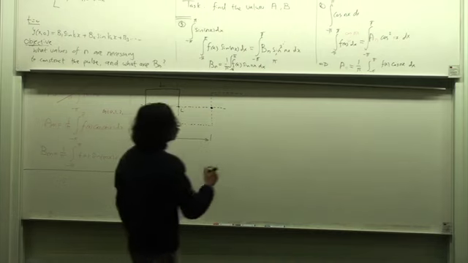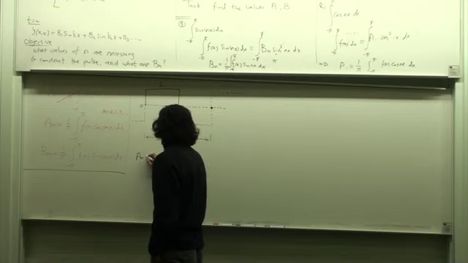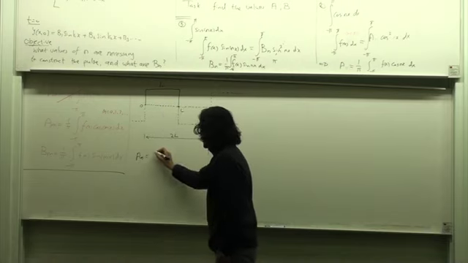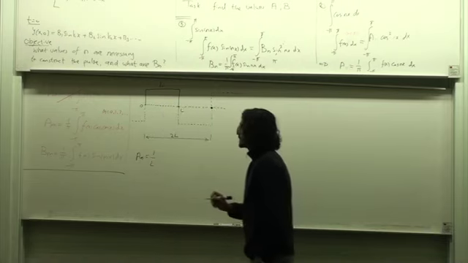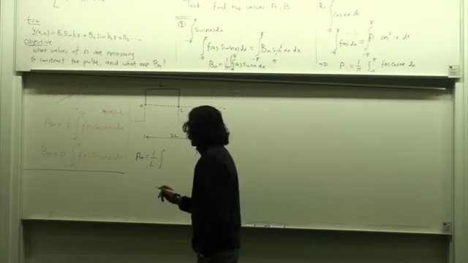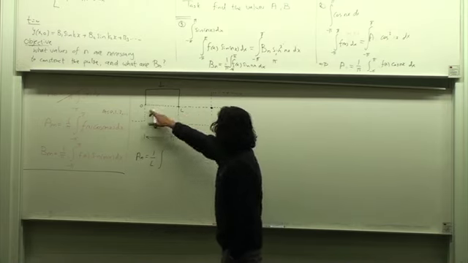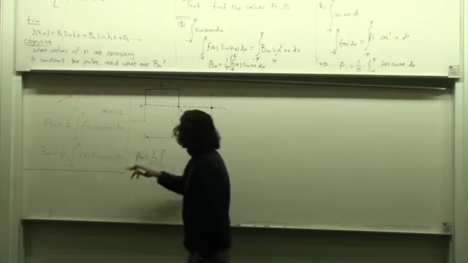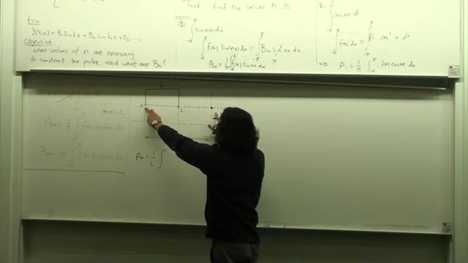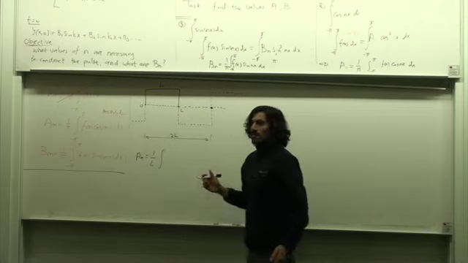So for a_m, I write 1 over L integral from, you can write from 0 to L or from 0 to 2L, over one period. So it would be 0 to 2L, or you can write from minus L to L, it doesn't matter.